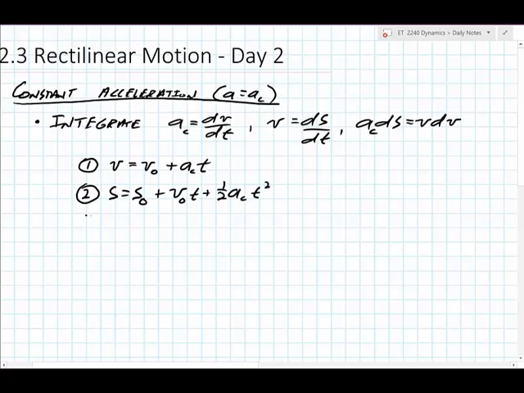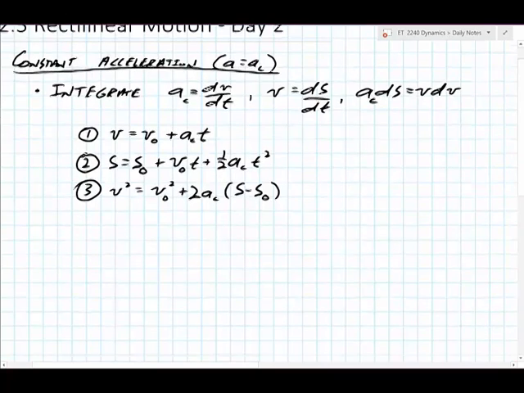So these probably look a little familiar because these are the classic equations that you get in any physics course. The third equation being our final velocity squared is equal to our initial velocity squared plus 2 times our acceleration times our final position minus our initial position.